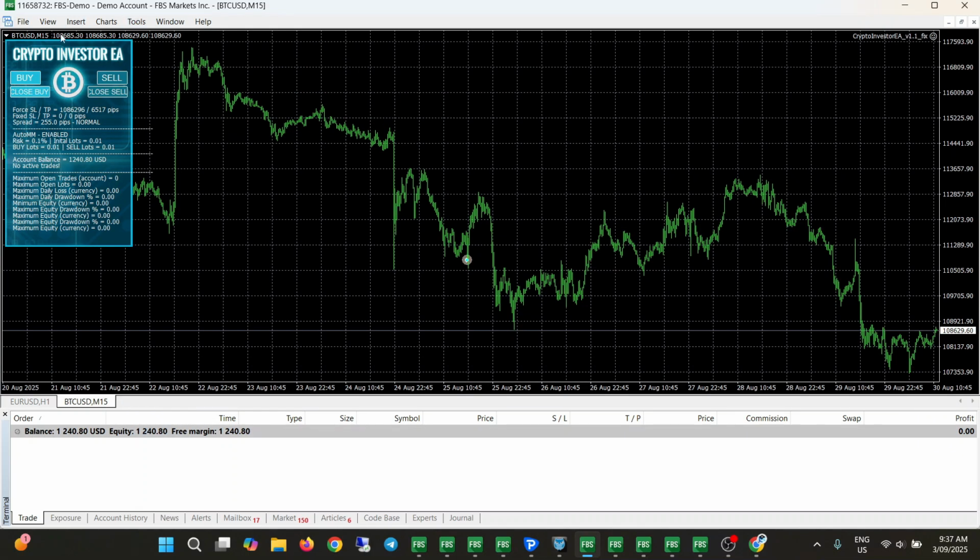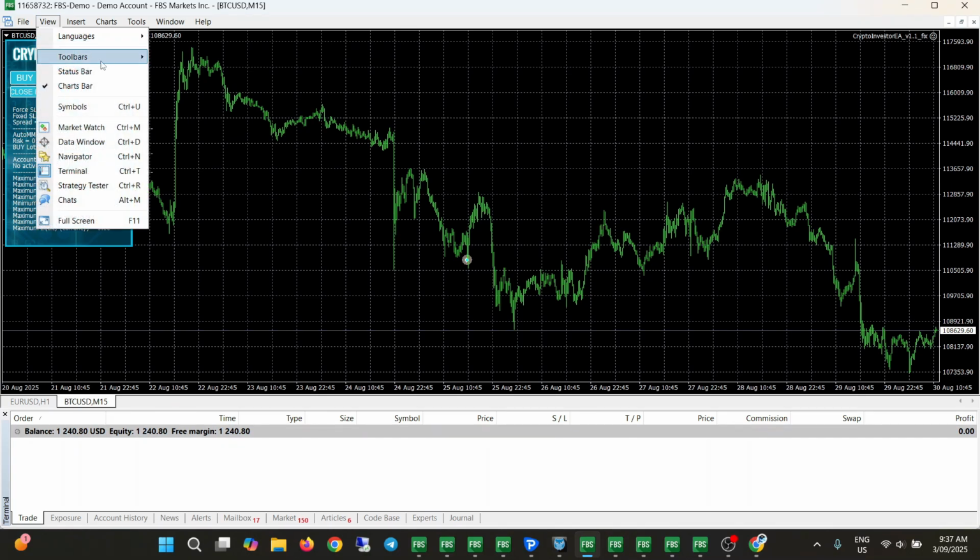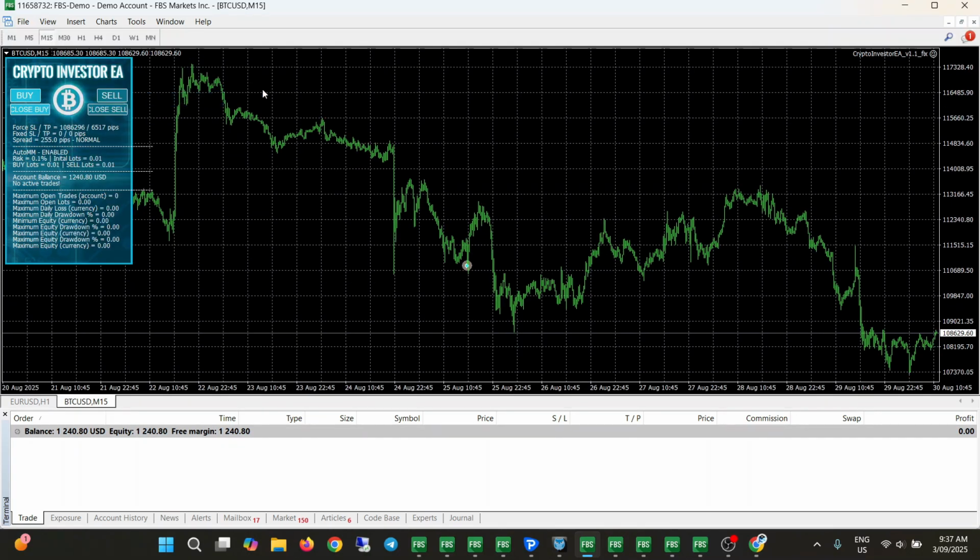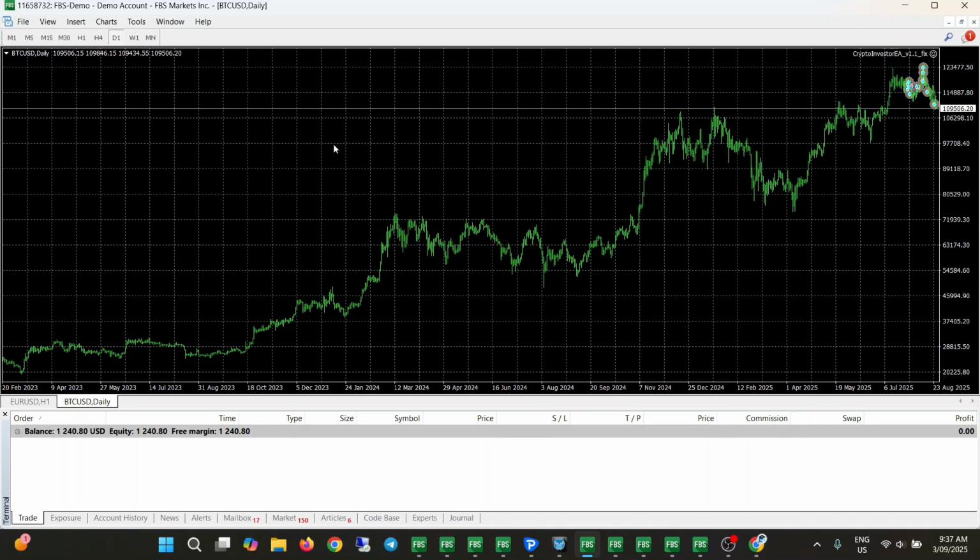I can actually do the time frames, do daily. So we can see that Bitcoin has been going up, and basically it opens sells here, and it just kept opening sells kind of all the way up, and yeah, it probably would have closed out at the end.